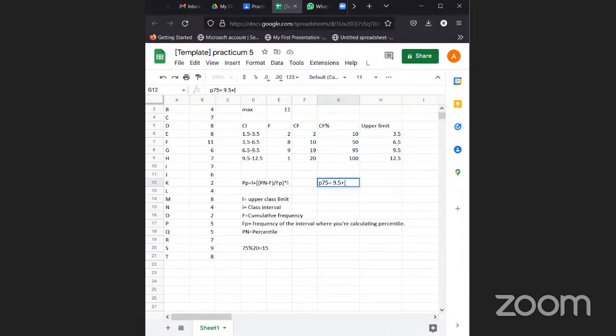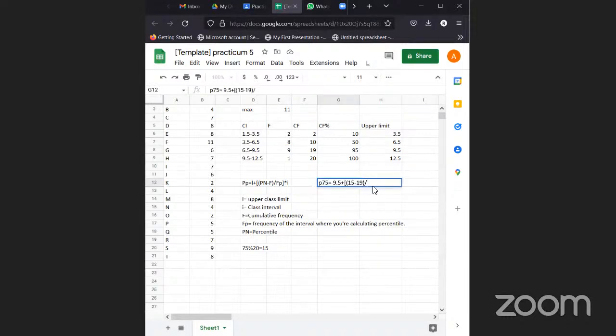Let's open the bracket. 15 minus what is F here? Cumulative frequency of that particular class interval is 19. Yes, 19. Divided by what is FP for us, frequency of the interval here, 9. Yes, this is the cumulative frequency here, 19, and this is the actual frequency.